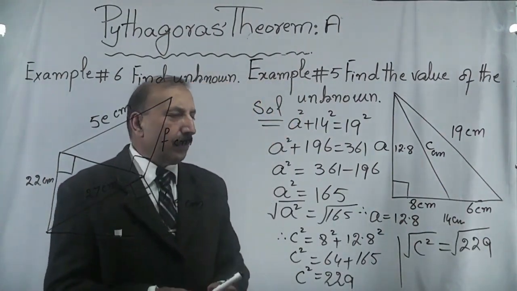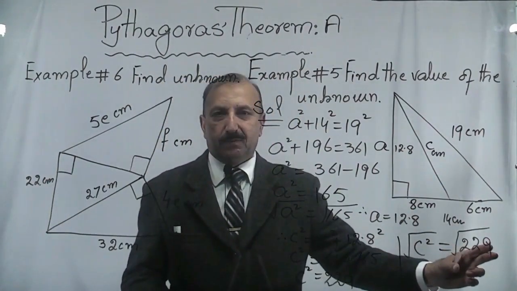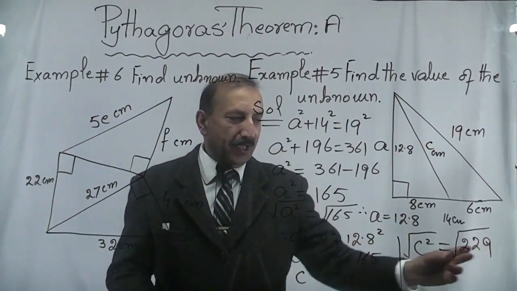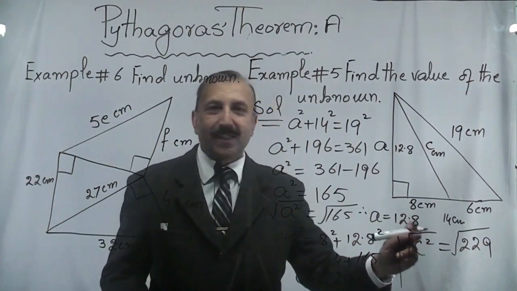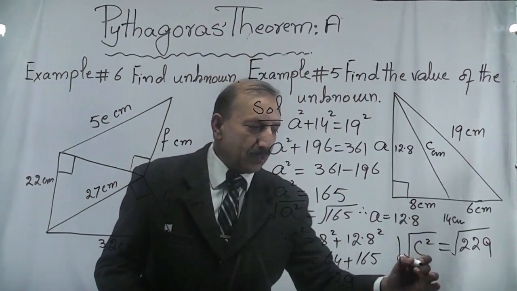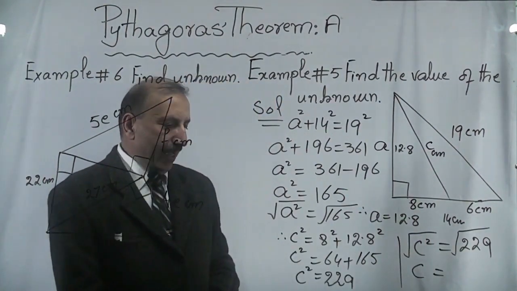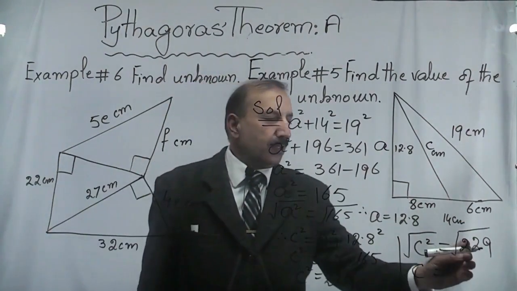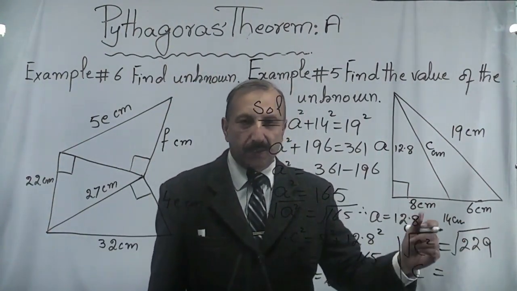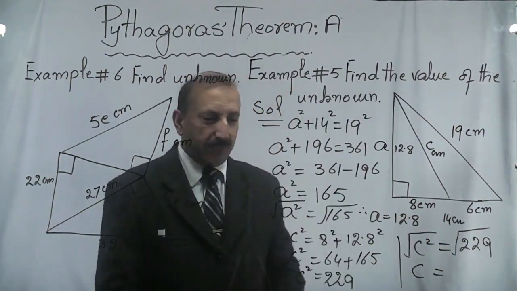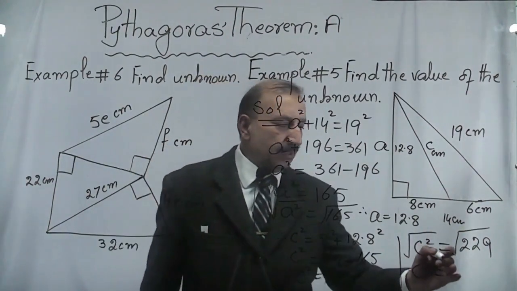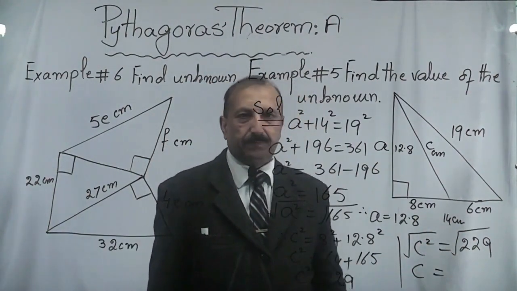This is very close to a perfect square, 225. If we operate, this 2 is cancelled with the square root. We got C here, which is ultimately what we are supposed to find. And the value of the square root of 229 we can get from the calculator.